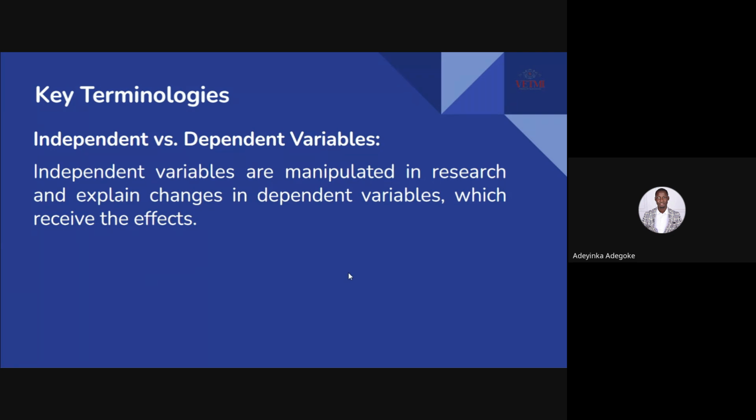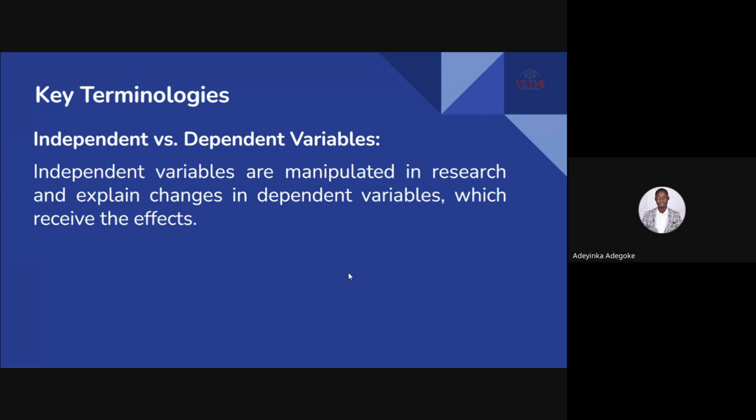The one that is the outcome variable is the dependent variable. The response, the one that is receiving the effects of the manipulation, is the dependent variable.